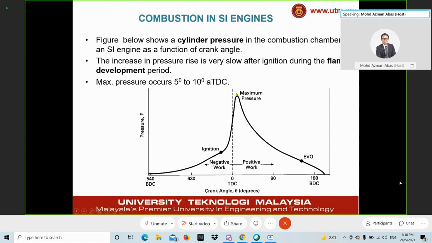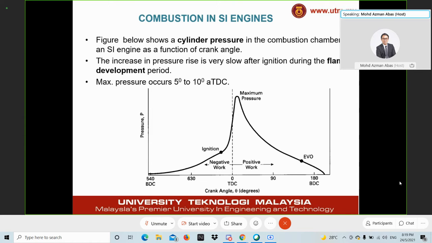Then comes the story of how you can vary the maximum pressure. If it's too early, how do you shift the peak earlier or later? I will explain that in the later slides. But the ultimate aim is to always have your maximum pressure 5 to 10 degrees after TDC.